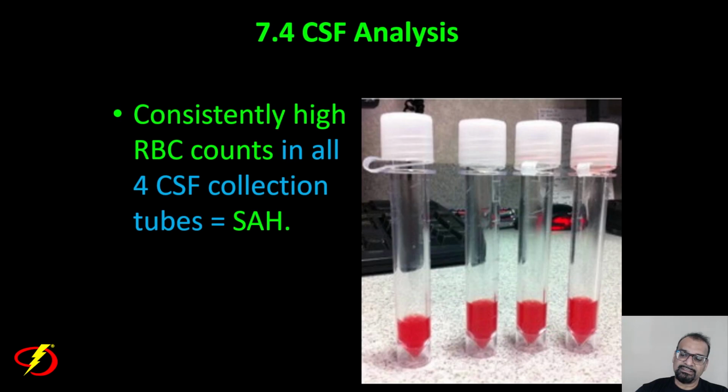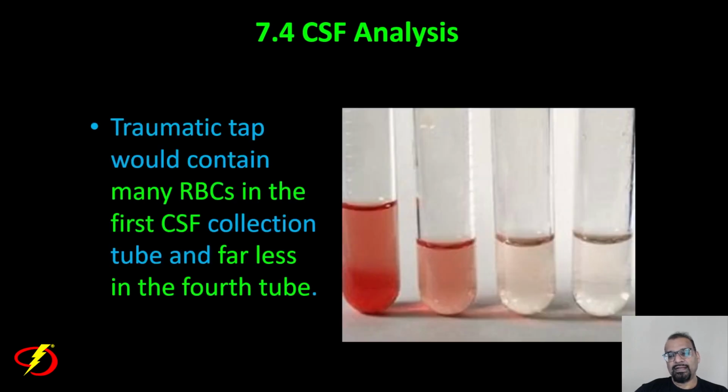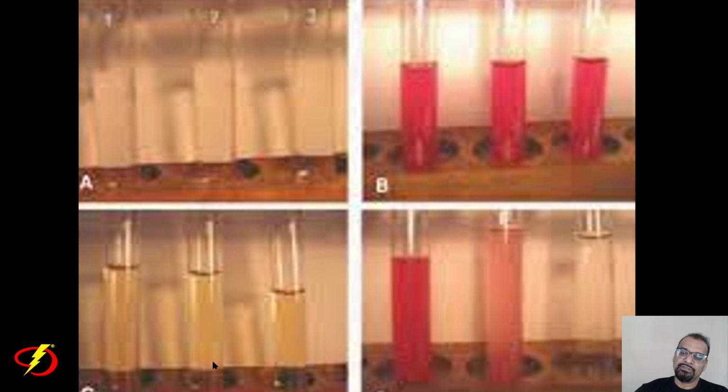Again, having consistently high red blood cell counts in all 4 collection tubes with xanthochromia is indicative of subarachnoid hemorrhage. A traumatic tap has many red blood cells in the first collection tube, but these diminish over the subsequent tubes. So the first has the most, the second has the second most, and the third and fourth have less and less red blood cells. So we have 4 situations.